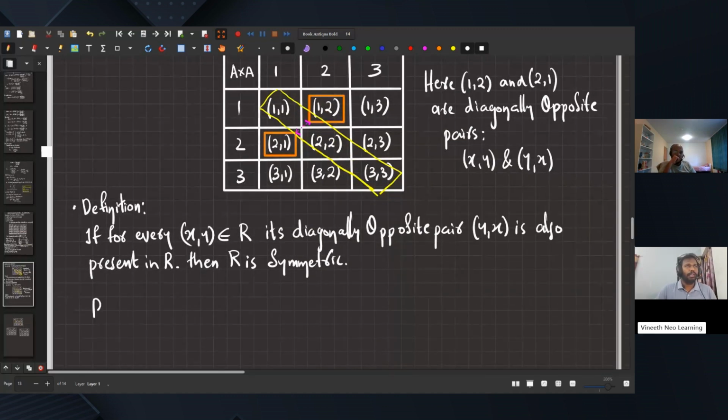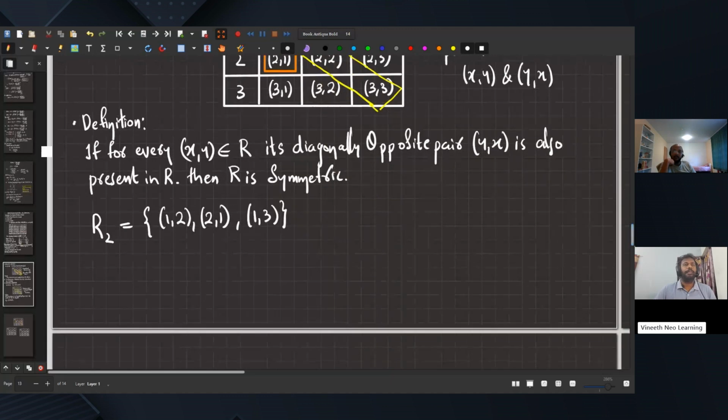For instance, let's look at another relation, R2. R2 is (1,2), (2,1), and then (1,3). Is this relation symmetric? No. Why?